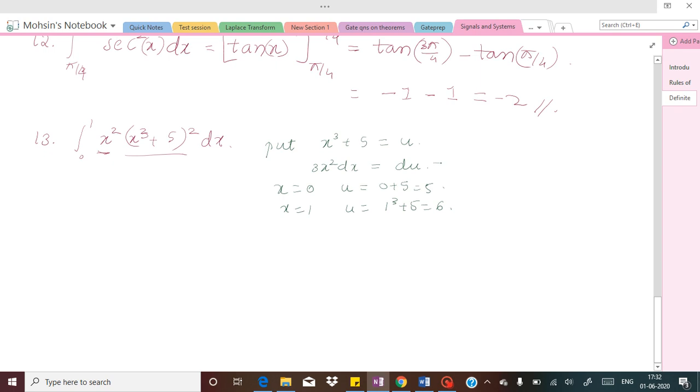Okay, so from the du we can try to substitute for dx in terms of du. So dx is equal to du divided by 3x square.